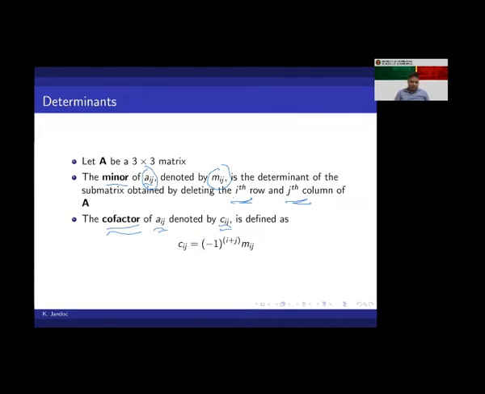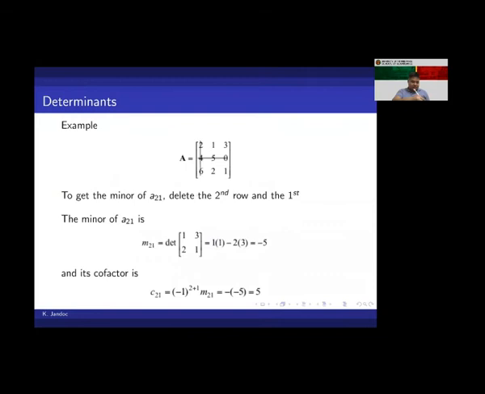The cofactor is simply the minor for that entry times (-1) raised to i plus j. So it depends on the address: i plus j, where i is the row and j is the column. So hopefully with a few examples, we will make this clearer. So far, we have defined what a minor and a cofactor are. Okay, so let's go through some examples.